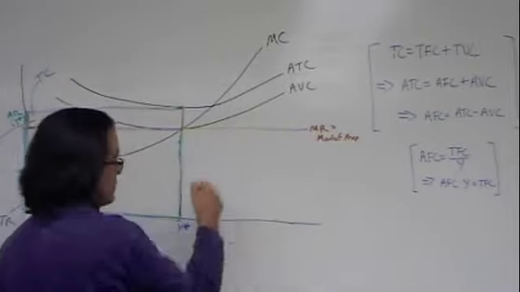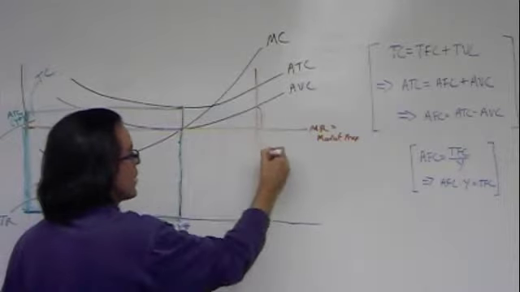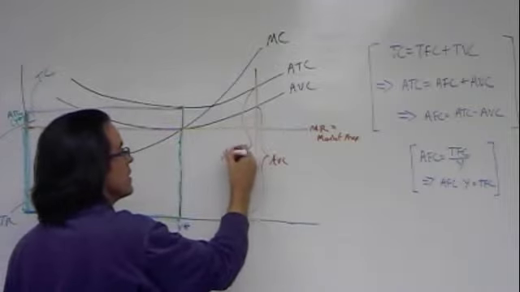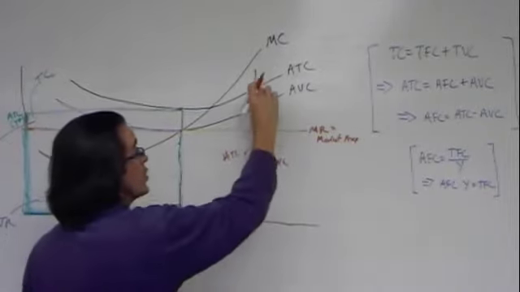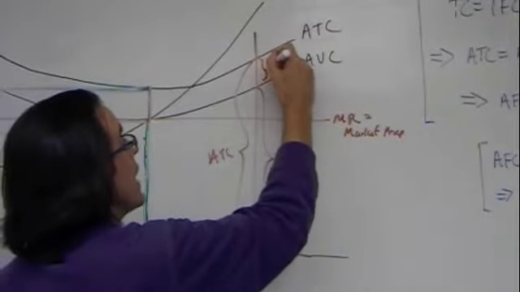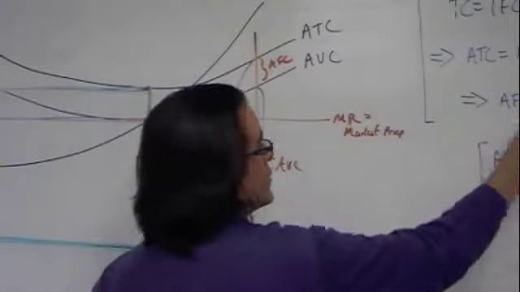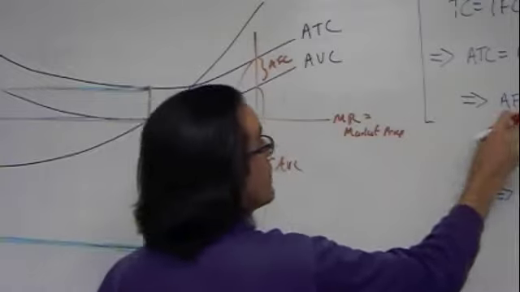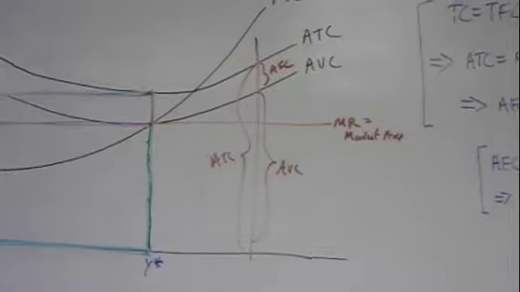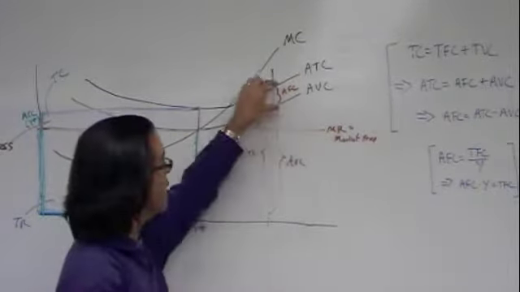So technically speaking, if we look at any slice here, this is our average variable cost, this is our average total cost, so the difference between those curves is simply the average fixed cost. Average total cost minus average variable cost equals the average fixed cost, which is right there. So far so good.